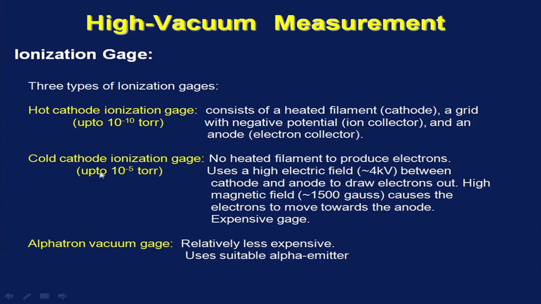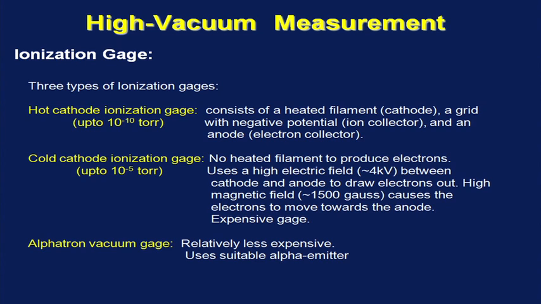So, in case of cold cathode ionization gauge, no heated filament is used to produce electrons. We use a high electric field of about 4000 volt or 4 kilovolt between cathode and anode to draw out electrons. And then a high magnetic field of about 1500 Gauss is imposed, which will cause the electrons to travel towards the anode in a spiral path.